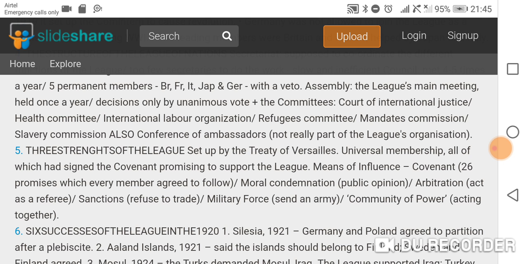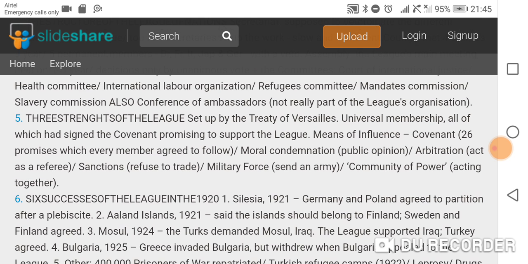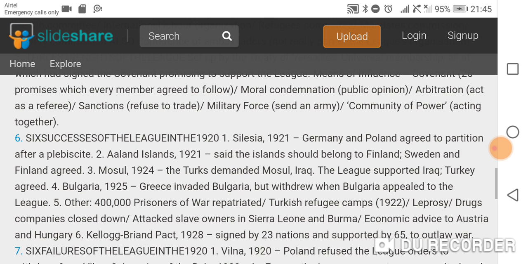Then there was also moral condemnation through public opinion, arbitration by acting as a referee, sanctions, which was to refuse to trade with a specific country, military force, where if need be, they would send an army. And then there was also community of power, which was acting together.